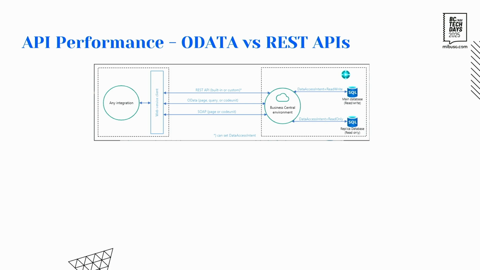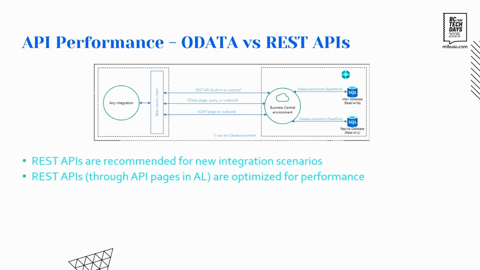So SOAP is on its way to deprecation. Let's talk about OData versus REST APIs. Now, when you want to do a new integration, we always recommend that you use REST APIs. REST APIs are available through API pages, and they are tailored for performance. So if you have a new integration coming up, do use REST APIs.